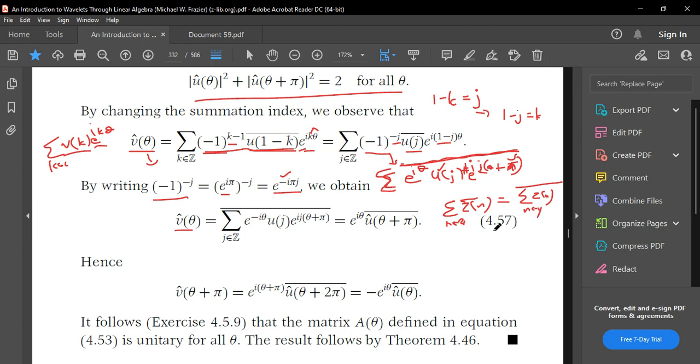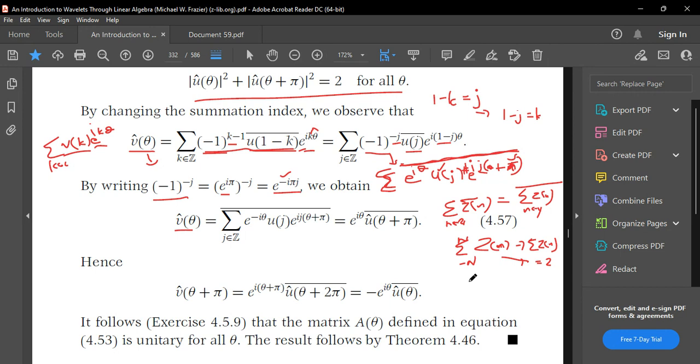This is a result you can refer on Google, or you can also write this: if the summation from minus n to n of z of n goes to the summation of z of n, which is equal to some z. Now we have this result.